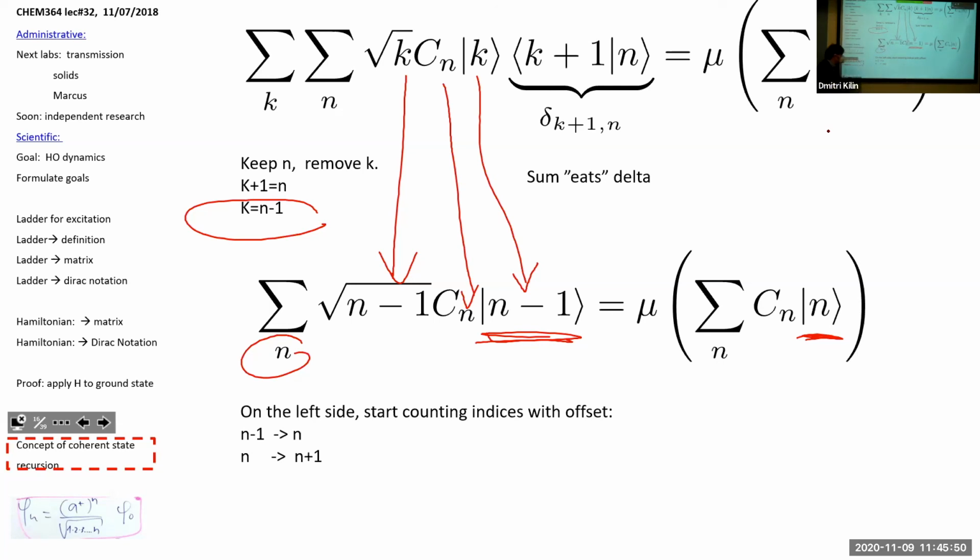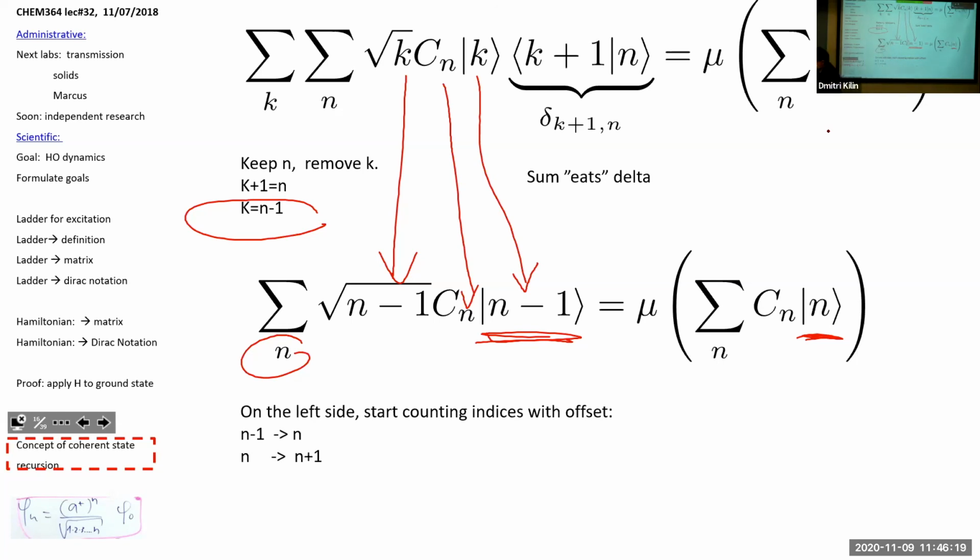And here is an interesting observation. On the left and right, we do have summation over the same index. On the left and right, we do have the same basis set. On the left and right, we have two series expressed in the same basis.